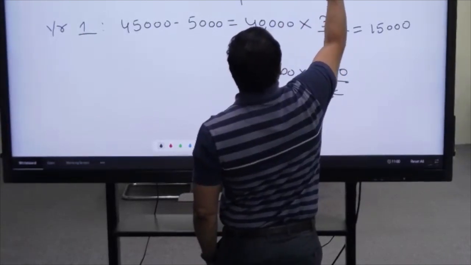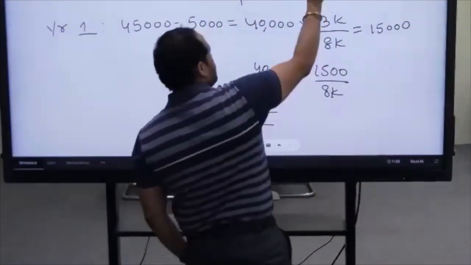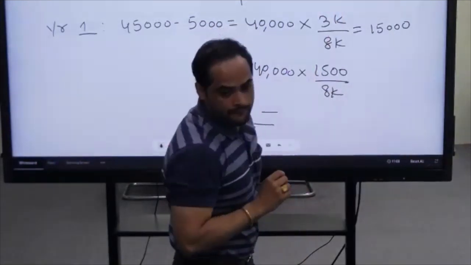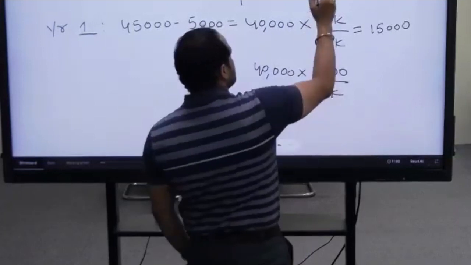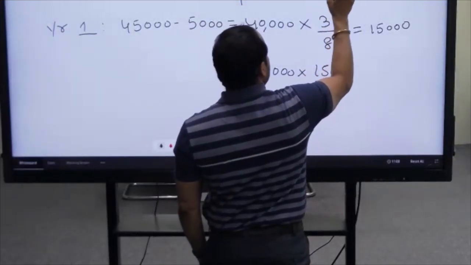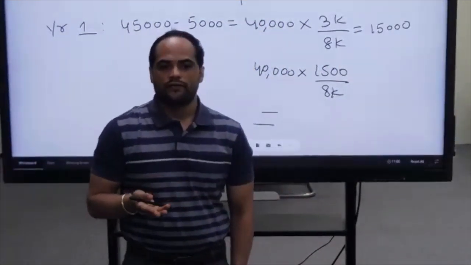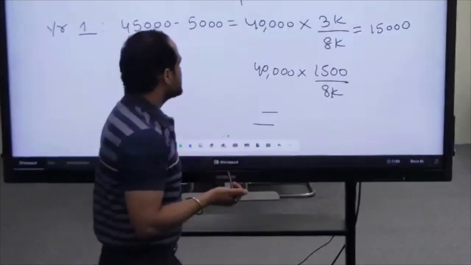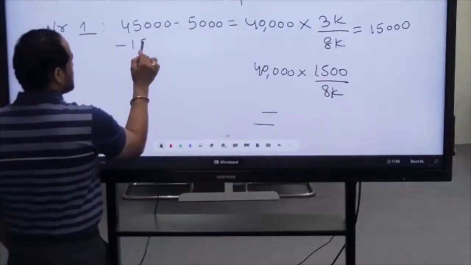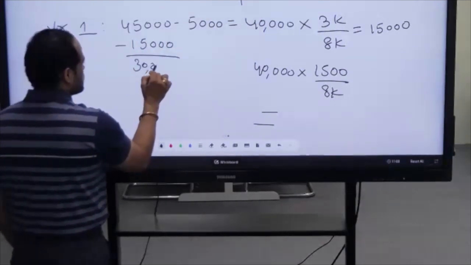So here is book value, and here is depreciation. Depreciations we have 15,000, 7,500, then 12,500, and 5,000, right? These are the depreciations that we have. And book value means this number minus 15,000, which is 30,000.